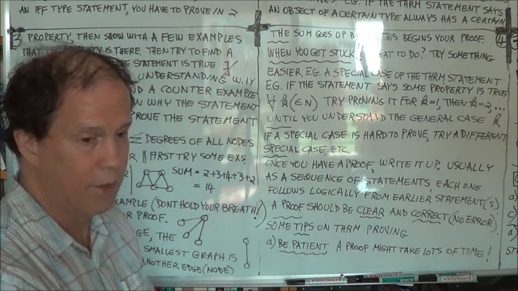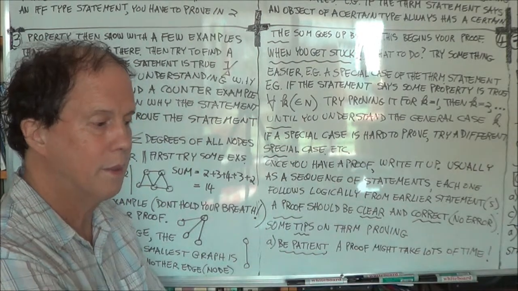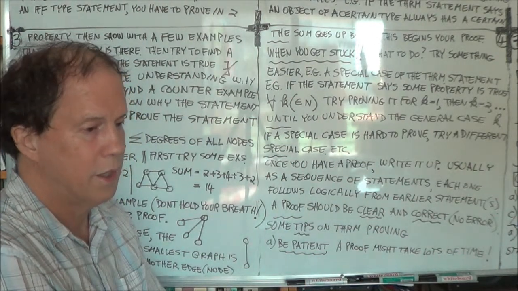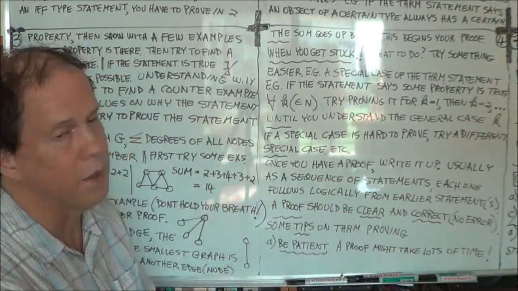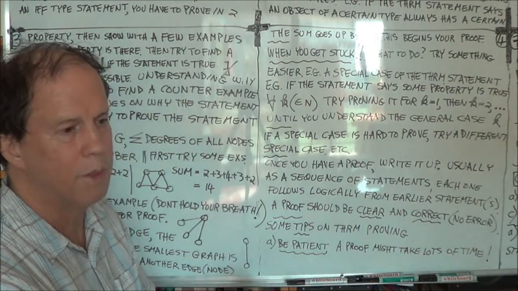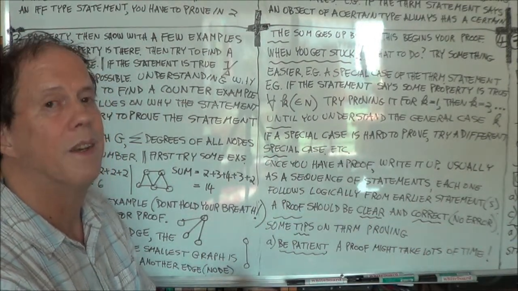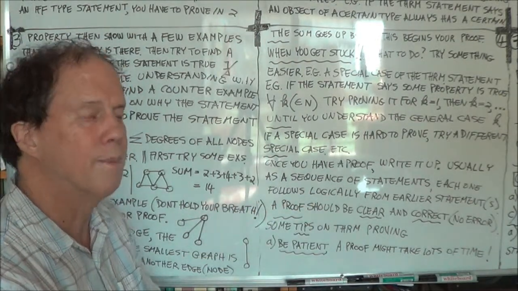So if there are errors, it's not a proof. Right? Proof means that the theorem statement has been shown to be true in all cases. So if there's an error in there somewhere, then it's not a proof. Now it may be a minor error, so the proof might be relatively easily corrected, just modified a little bit, and made valid.